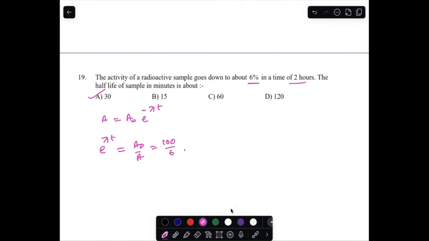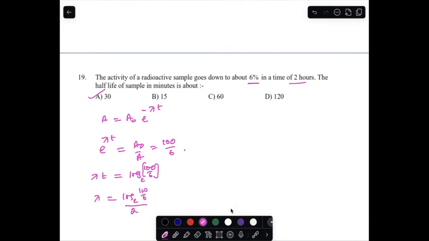Now take a logarithm on both the sides. Lambda t is equal to natural logarithm of 100 by 6. So, in a time of 2 hours, lambda is log e 100 by 6 by 2.